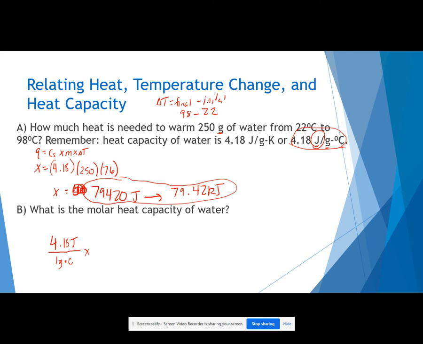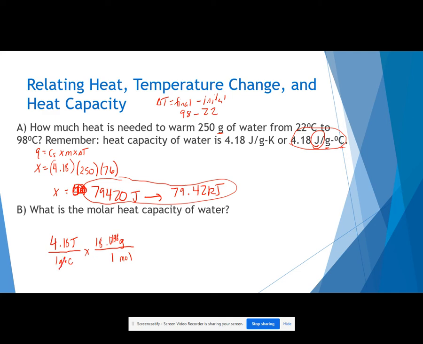So here, if I have grams on the bottom, that means grams has to go on top, and I want to get moles down there. And then all you have to do is molar mass. And again, we're doing this for water. So H2O, we have 2 hydrogen and 1 oxygen, which gives me 18.0148 grams for 1 mole.